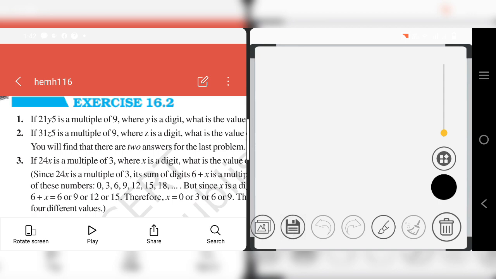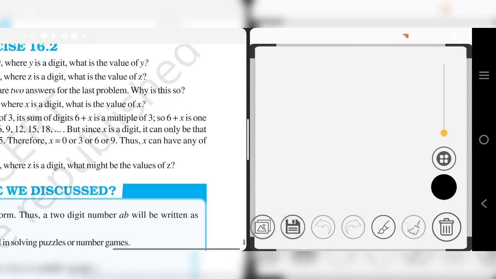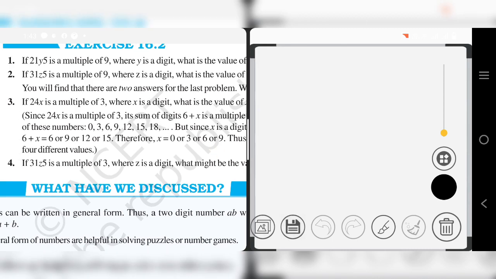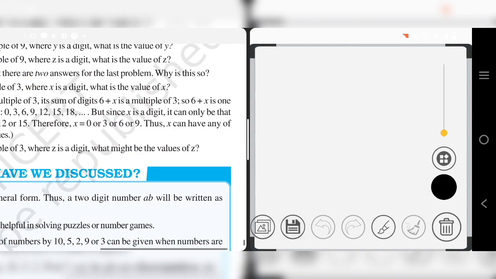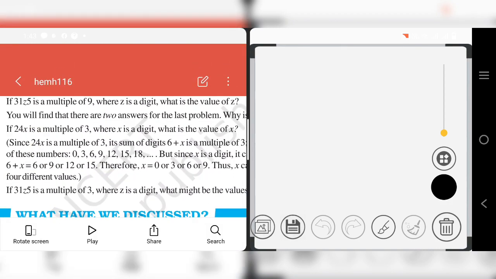Since 24x is a multiple of 3, its sum of digits 6 plus x is a multiple of 3. So 6 plus x is one of these numbers: 6 plus 0, 6 plus 3, 6 plus 6, 6 plus 9, 6 plus 12, 6 plus 15, 6 plus 18. But since x is a digit, it can be only that.